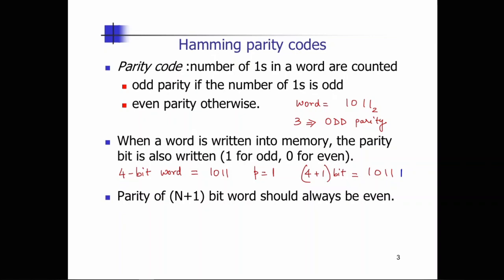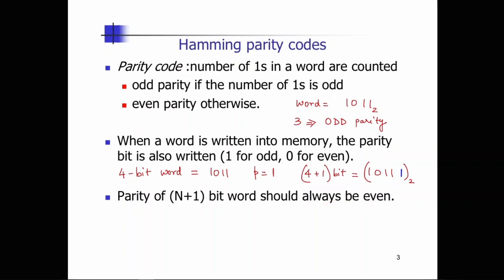By storing this 5-bit word instead, you can see that 10111 is going to have even parity. In fact, no matter what word we look at, it is always going to be stored as an even parity word, because this bit will adjust the parity at the end. So the parity of the n plus 1 bit word, where that one is the parity bit and n in our example is 4, in a general case it's n, should always be even.